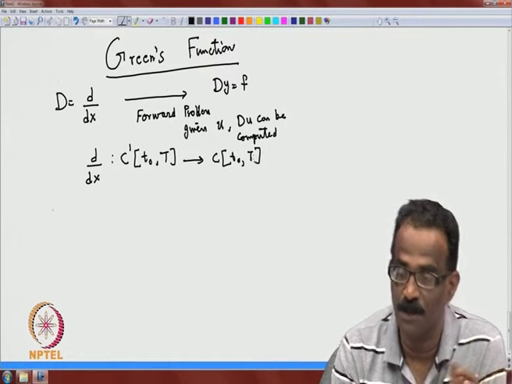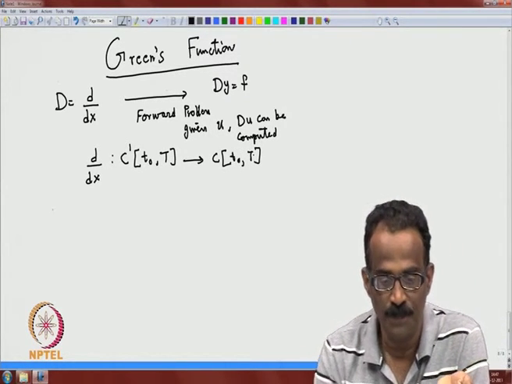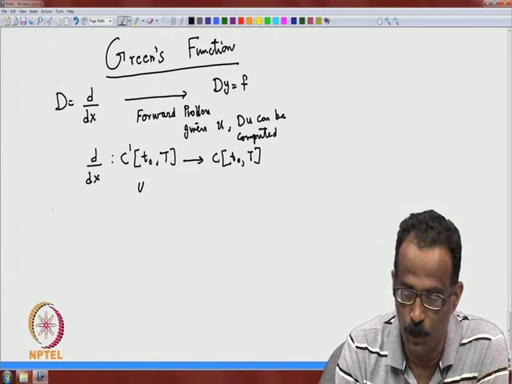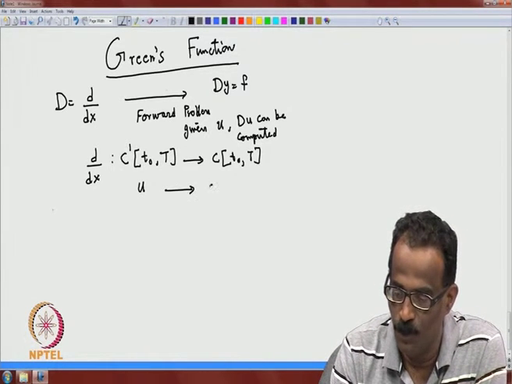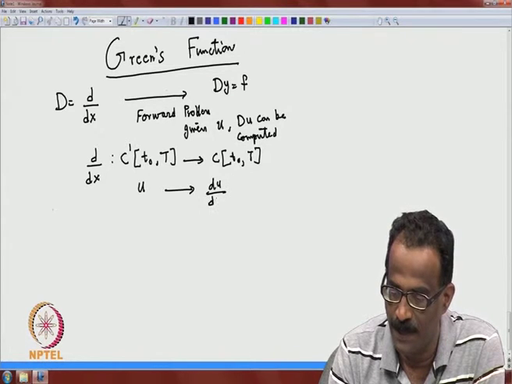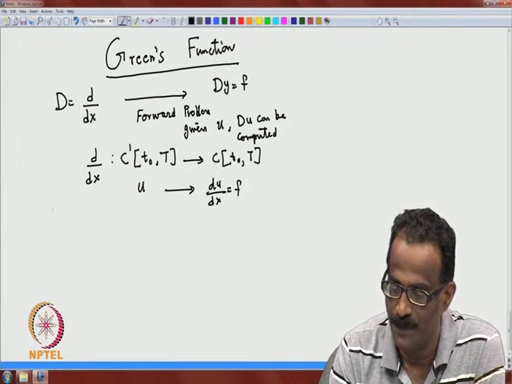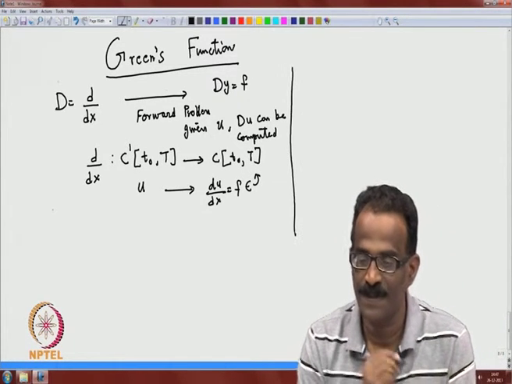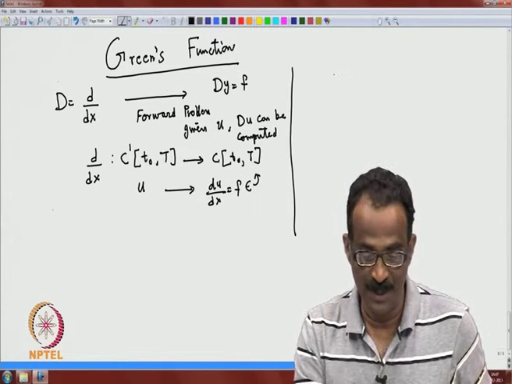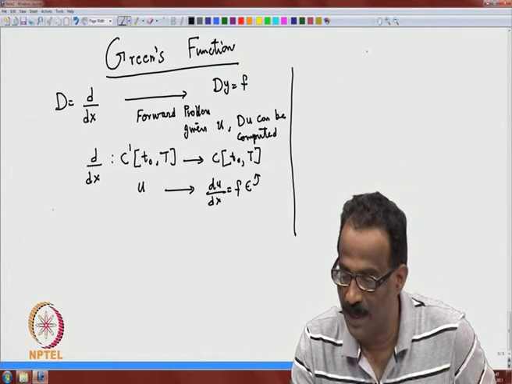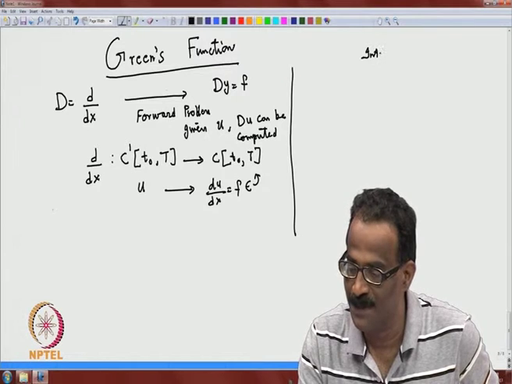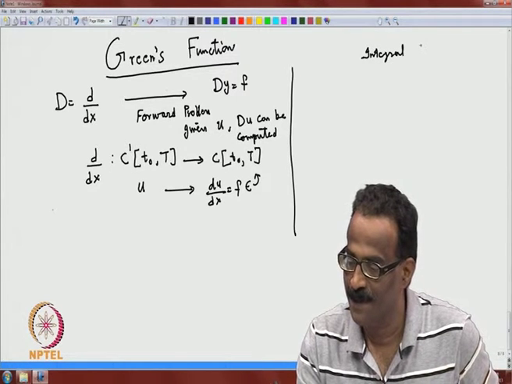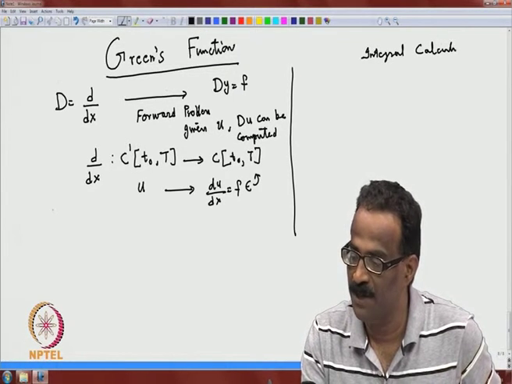So, you take a continuously differentiable function and differentiate. If you take u here, your du by dx equal to f belongs to here. On the other hand, this is the differential calculus. When you go to integral calculus, you are trying to invert it.